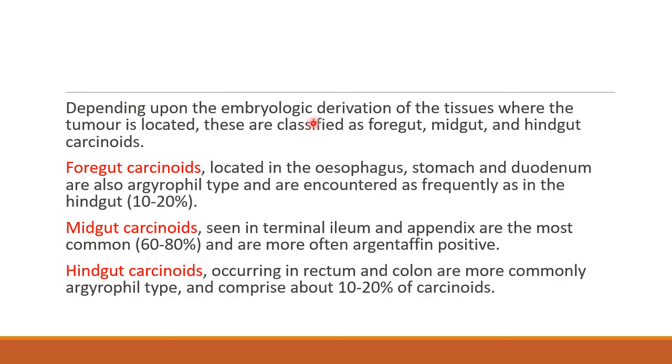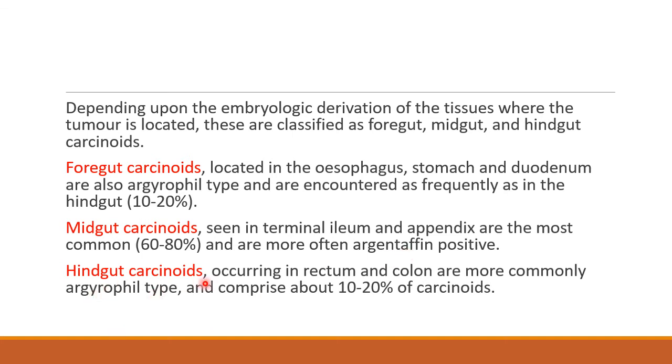Depending upon the embryologic derivation of the tissue, they are classified as foregut, midgut, or hindgut carcinoids. Foregut carcinoids are located in the esophagus, stomach, and duodenum, are of argyrophilic type, and are encountered with a 10 to 20% incidence, the same as hindgut. Midgut carcinoids are commonly seen, with an incidence of 60 to 80%, in the terminal ileum and appendix, and are argentaffin type.